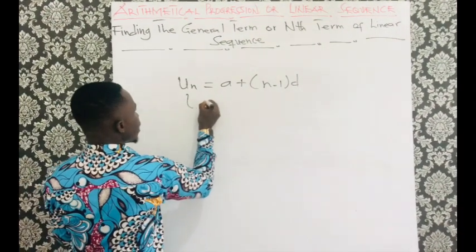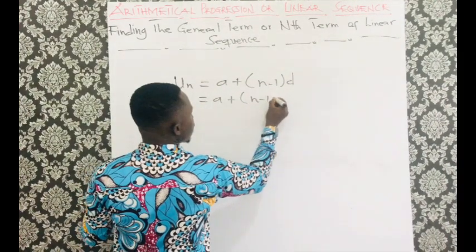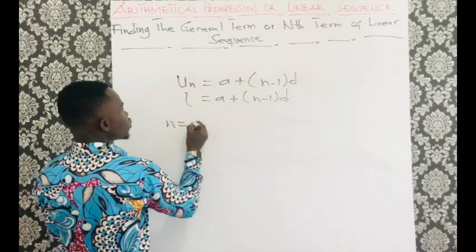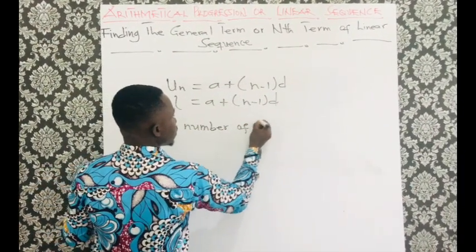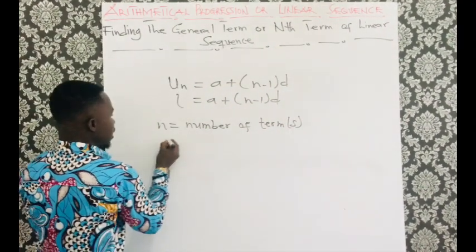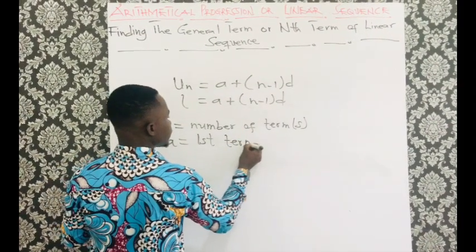And we also have L equal to a plus bracket open n minus 1 bracket close d, where n equal to the number of term or terms, and a equal to the first term of the sequence.